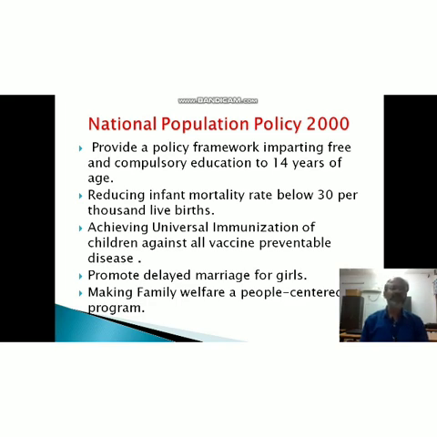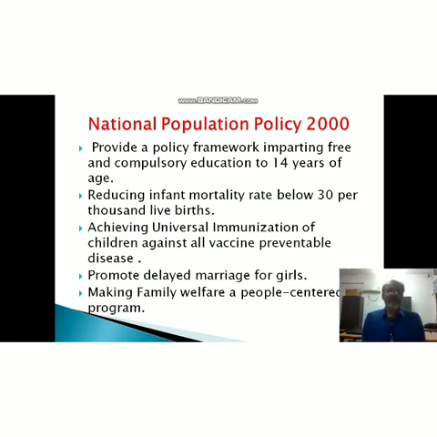Reducing the infant mortality rate. What is infant mortality rate? That means the death of a child below the age of 1 year. This is called infant mortality. So the aim is reducing the infant mortality rate below 30 per thousand live births. This is one program.